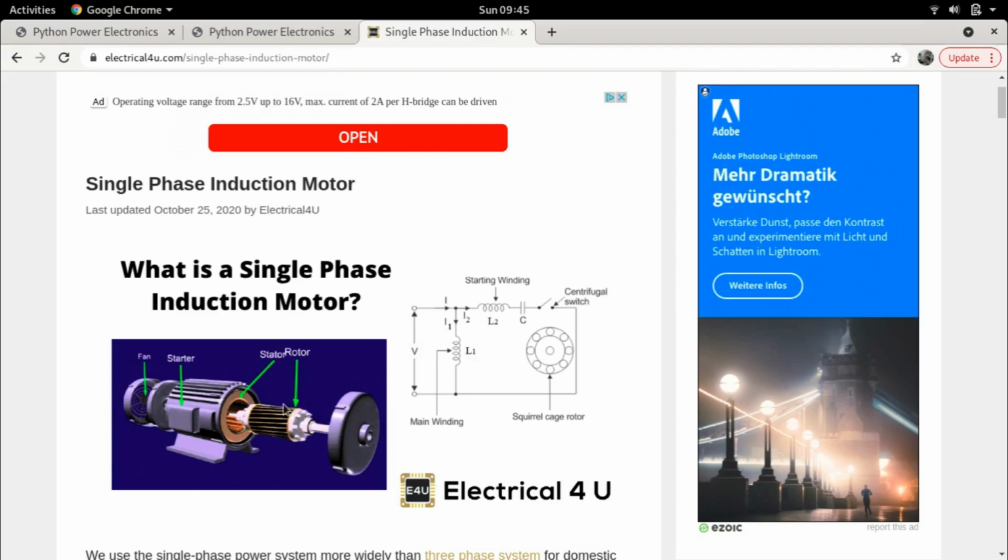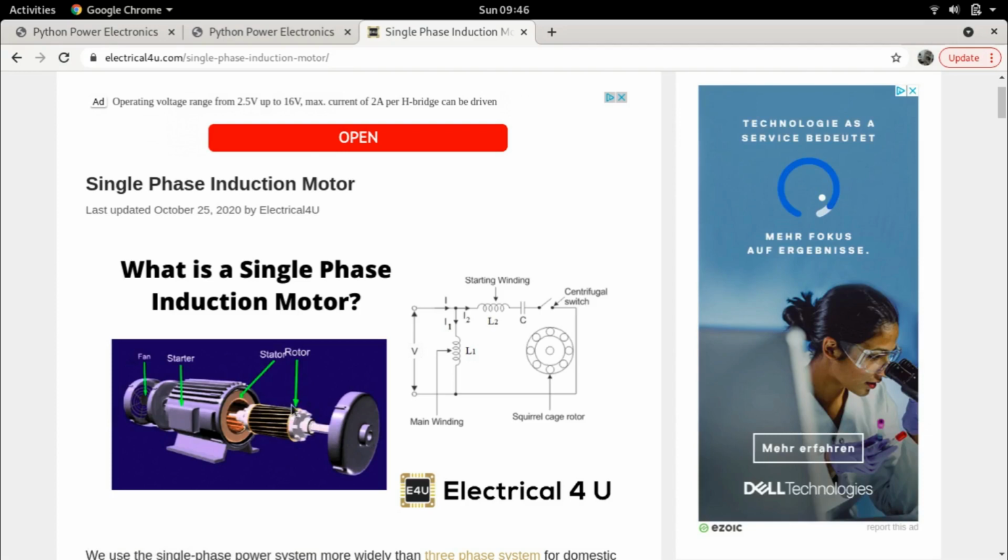It could also be a wound rotor induction motor, in which case the rotor resistance is the winding resistance of the rotor itself. In any case, these two are basically the winding resistances of the stator and the rotor.